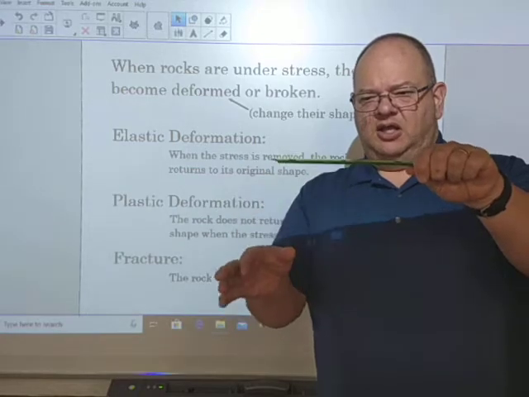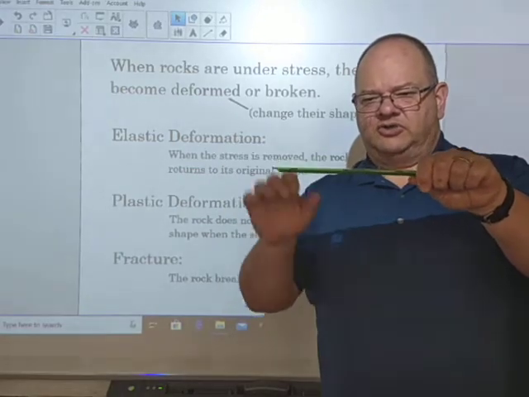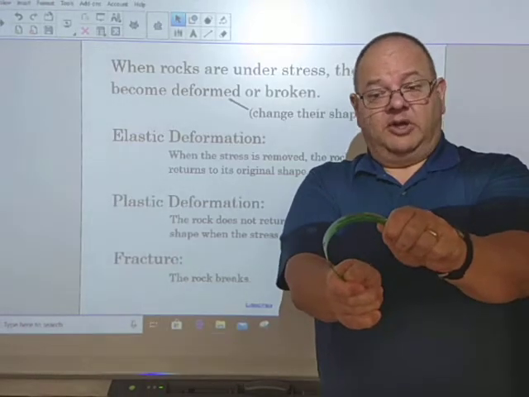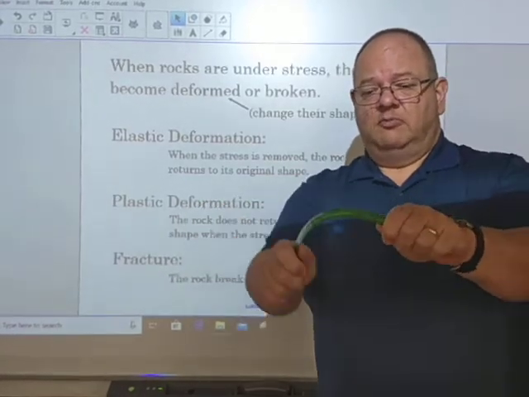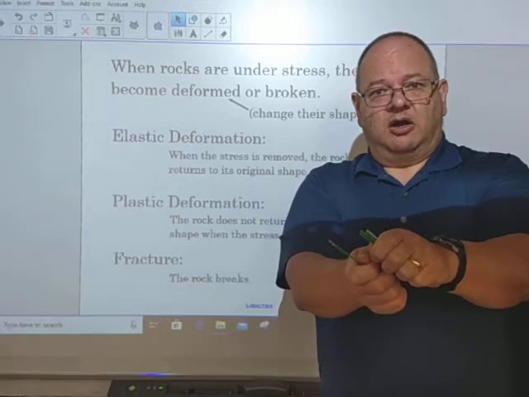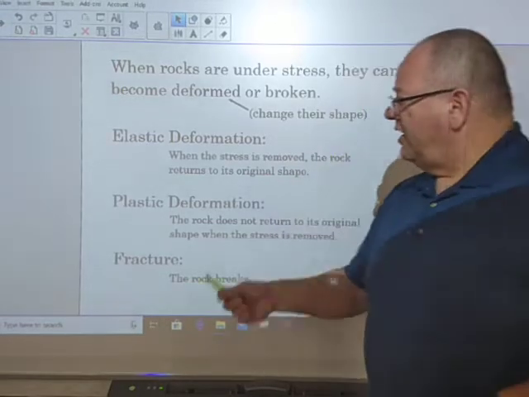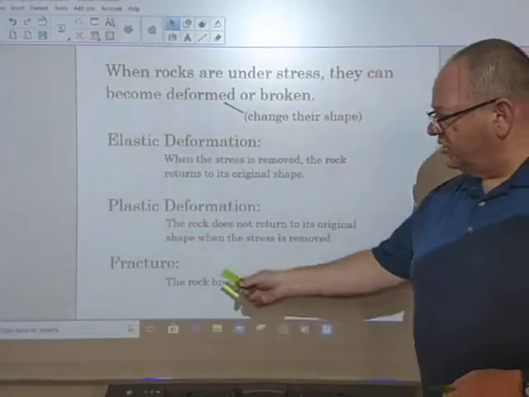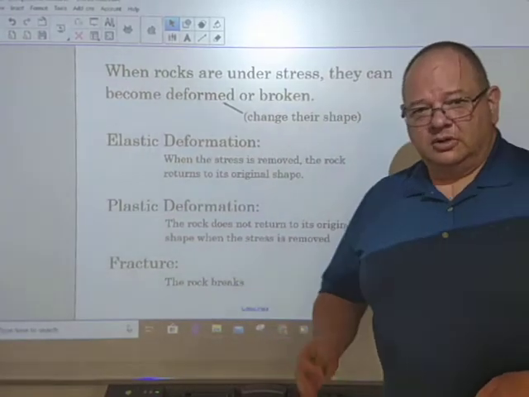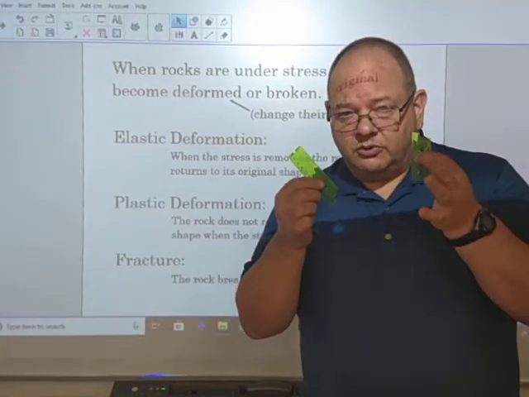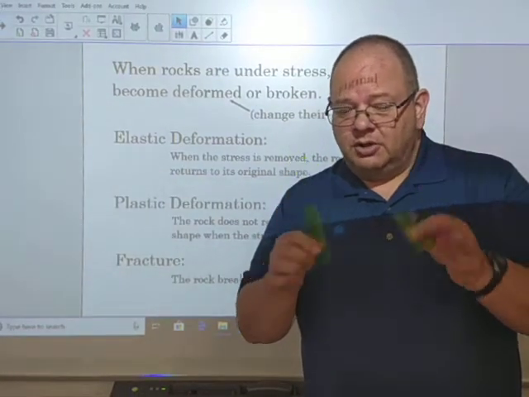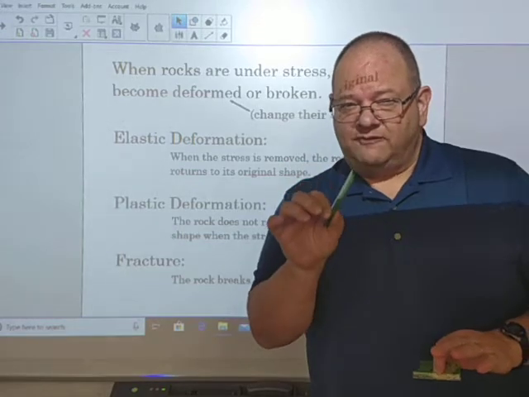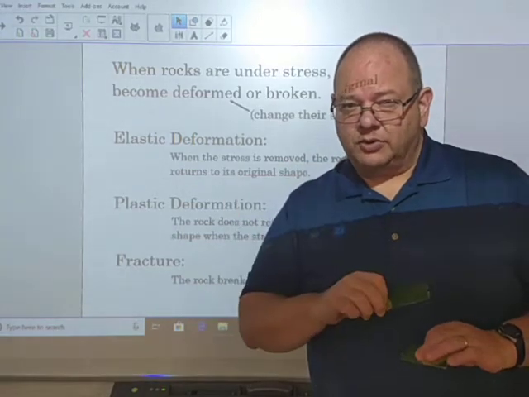You can bend it and they want to go back to the original shape. But if you bend it, boy, we can bend that quite a ways. But if you bend it too far, it eventually fractures. A fracture is when the rock breaks. Note, this ruler was already broken and I used it for a class demonstration. That doesn't give you permission to break more of my rulers.